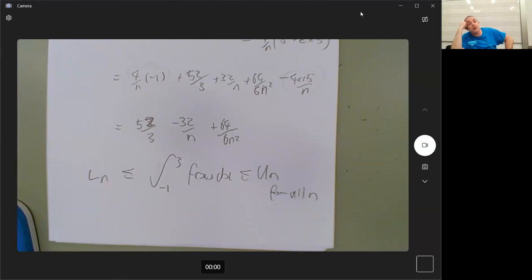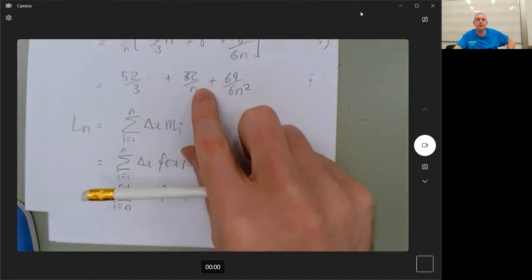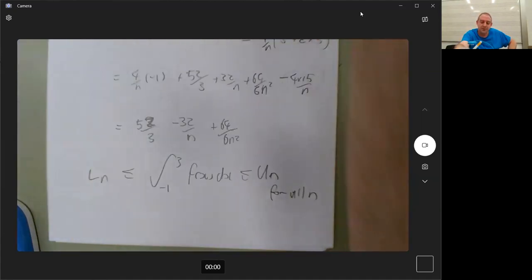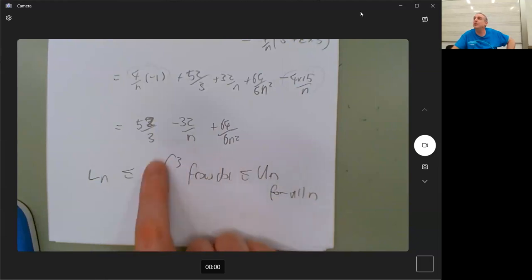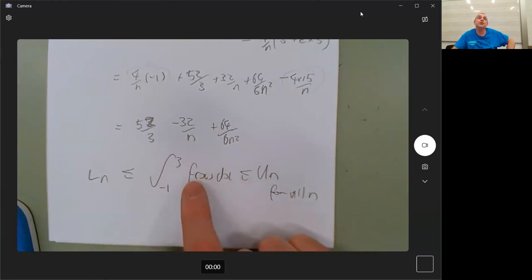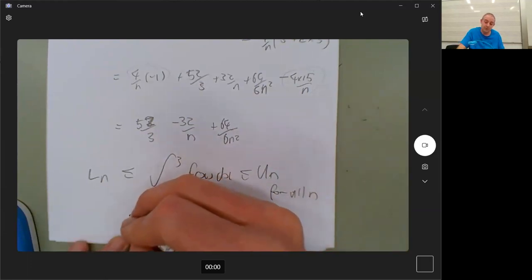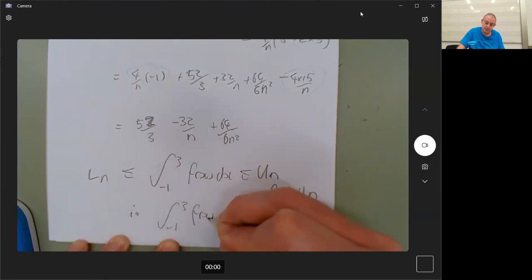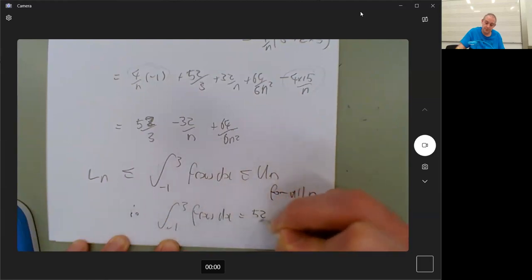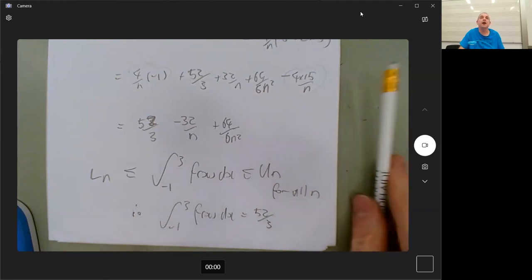And the only number that is between both of those for all n's is 52 on 3. Because the limit of this thing that's more is 52 on 3, and the limit of this thing that's less is 52 on 3. And so this number is squeezed between those two. And since they both approach 52 on 3, this one has to approach it as well. So therefore, something like that.